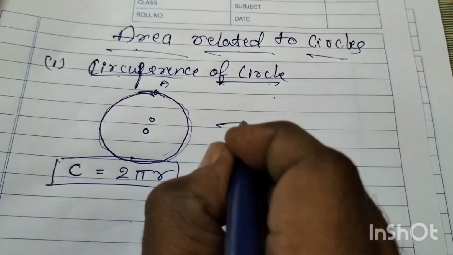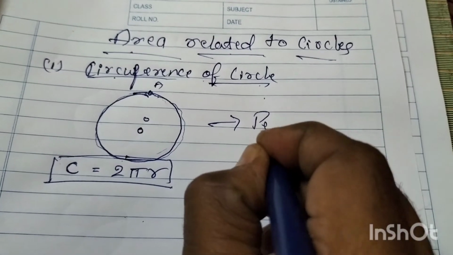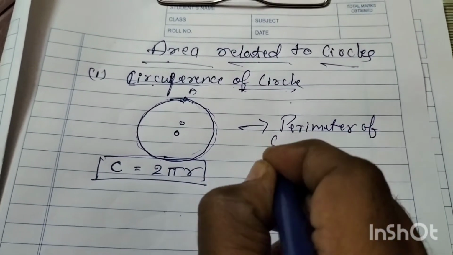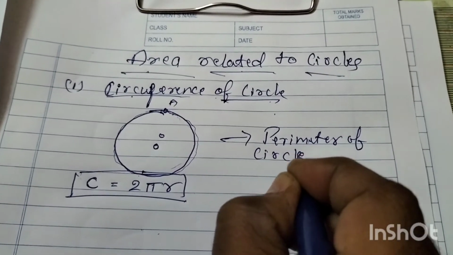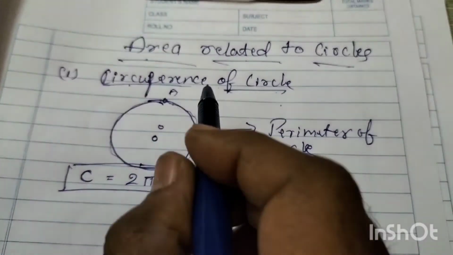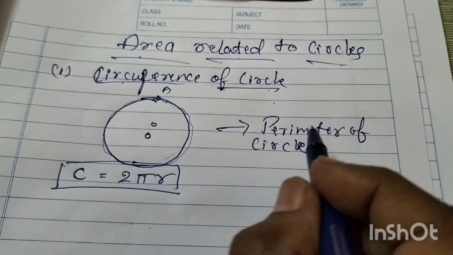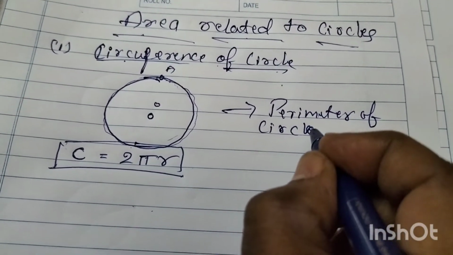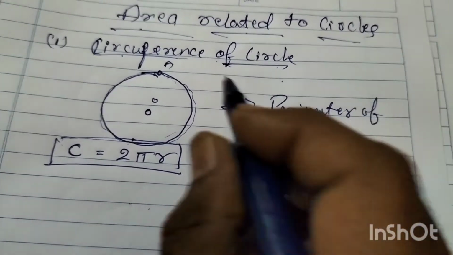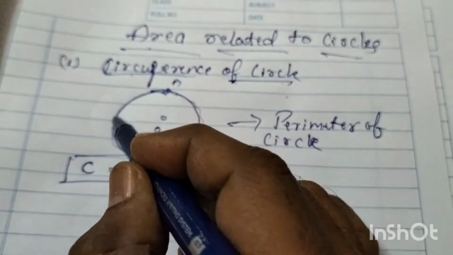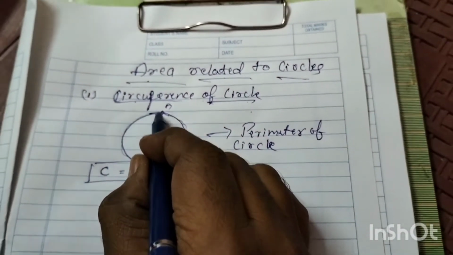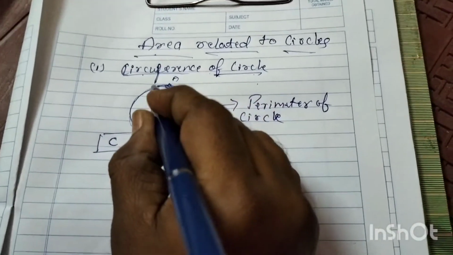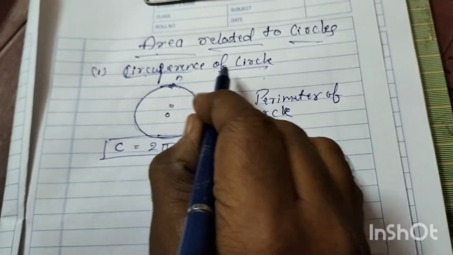And sometimes we refer to it as perimeter of circle. In the case of a semicircle, perimeter and circumference are a little bit different. If we consider the whole circle, the one round of the circular path is called circumference of the circle.